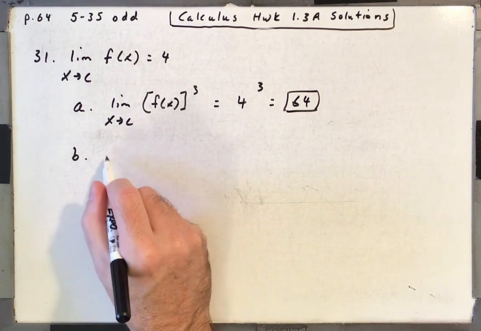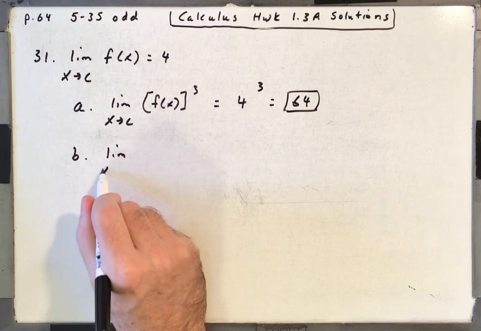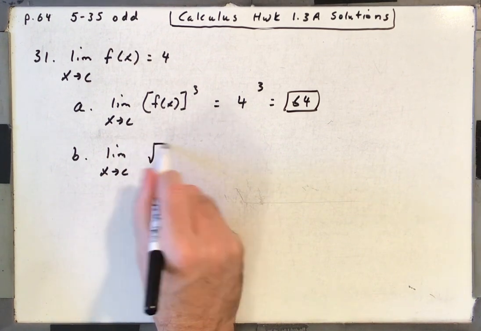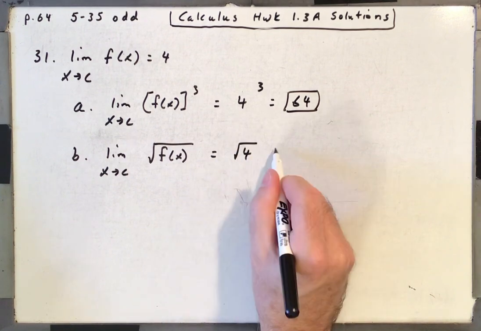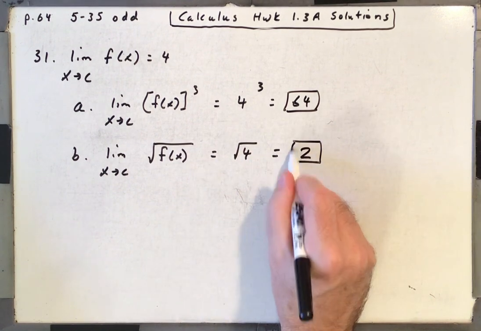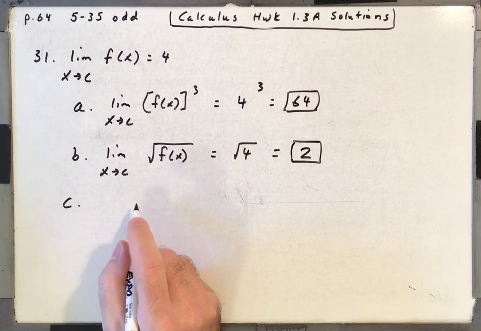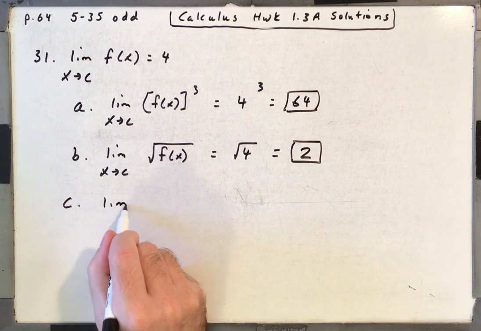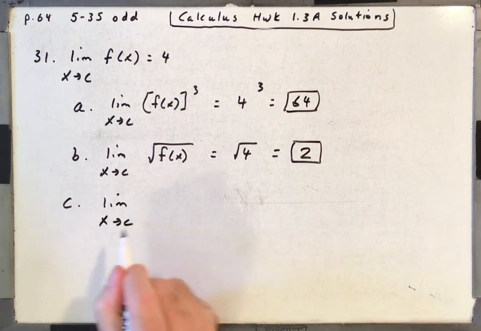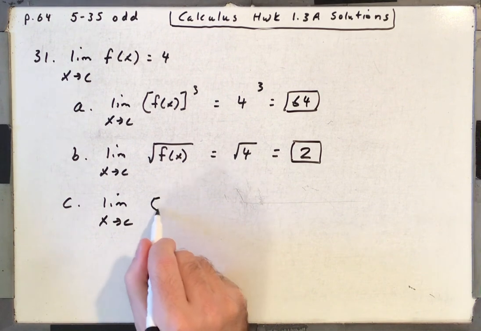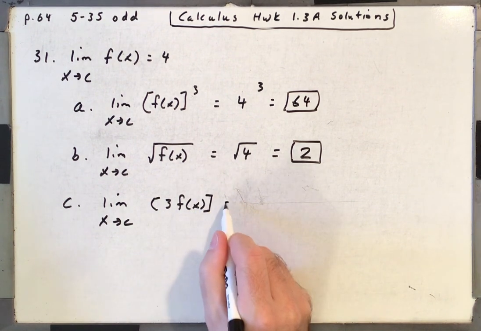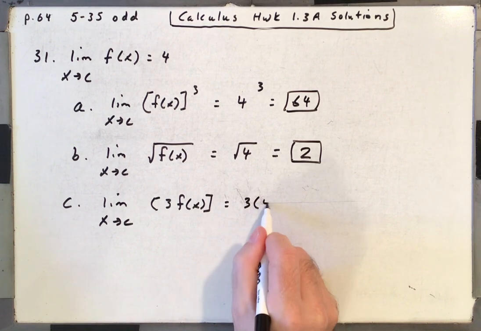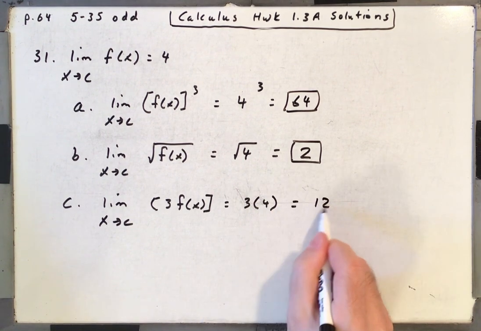And then B, we have the limit as x approaches c of the square root of f of x, square root of 4, which is 2. In part C, the limit as x approaches c of 3 times f of x. So that's going to be 3 times 4, which is 12.